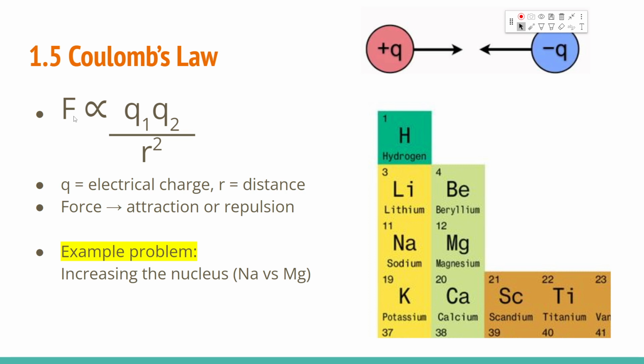That attractive force is going to bring those electrons slightly closer compared to the sodium one. So this distance is going to be smaller between magnesium and its electrons versus sodium and its electrons. And we'll talk about this more when we talk about periodic trends, because this is a very important concept based off attractions and distance.